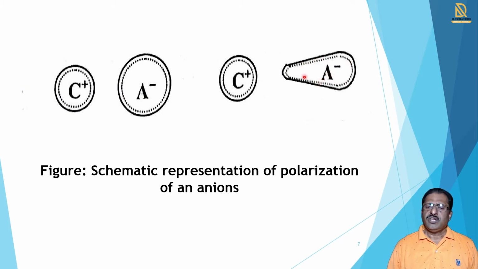So in this anion, electrons are attracted towards the cation, and that is called polarization. Generally, between the cation and anion, the cation polarizes the anion. So we say that anions undergo polarization because their size is larger.